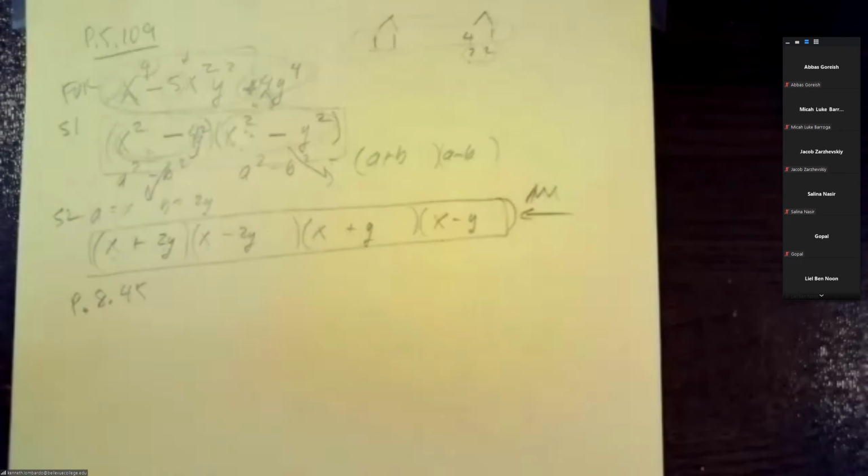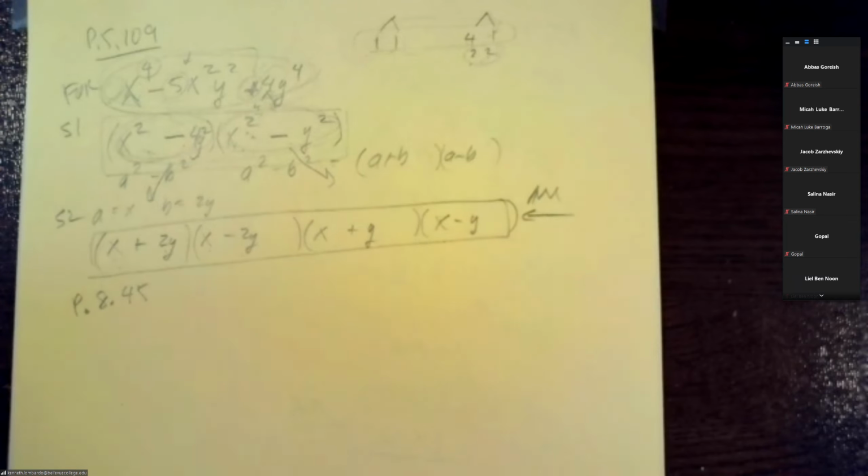Let's see if I can find one that has that. P6. P7. P8. 45.